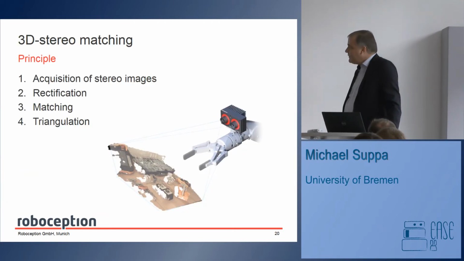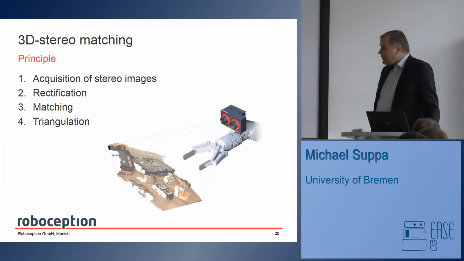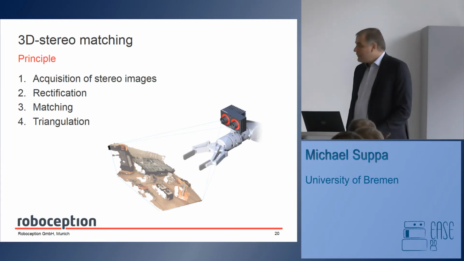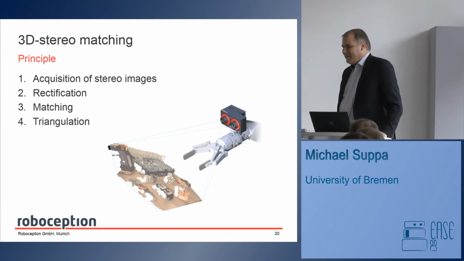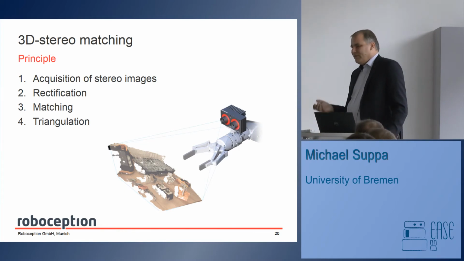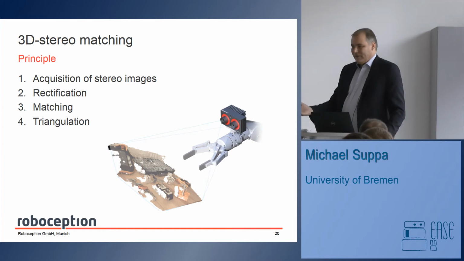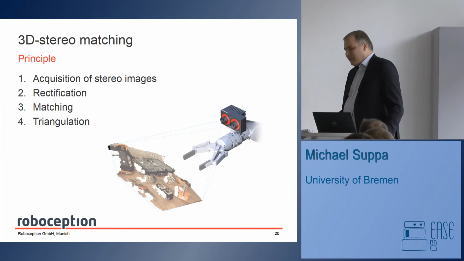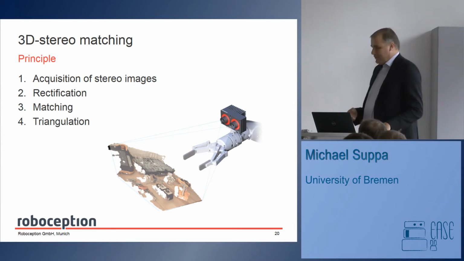The other measurement principle that we are mostly working on is stereo matching. It's actually a kind of old technology, but still a nice one, because you're working on regular camera images and you're creating depth from that. The main reason people were not using it for a long time was computing constraints.